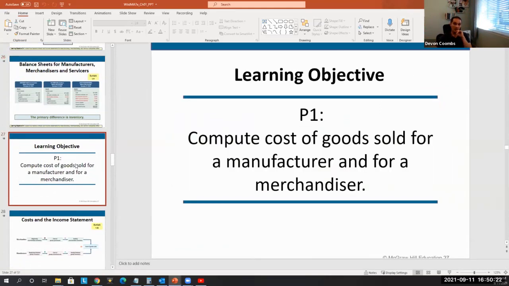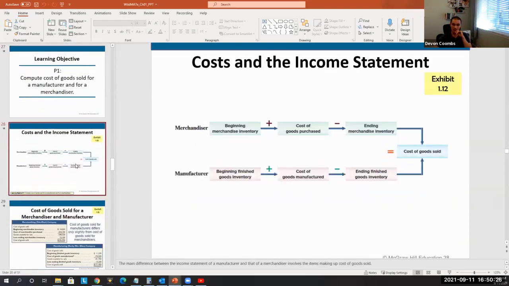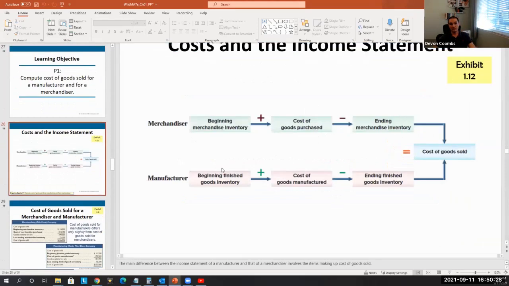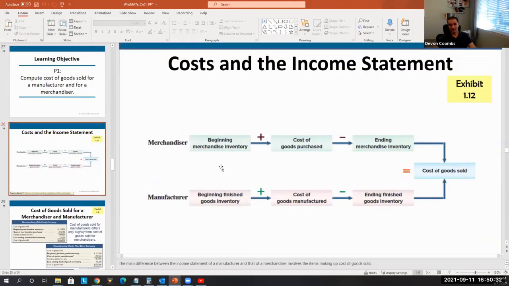And so how do we compute the cost of goods sold for a manufacturer and for a merchandiser? We learned merchandising before in the last class, but this will be a refresher. You have your beginning inventory plus whatever you purchased minus your ending inventory equals your cost of goods sold for a merchandiser, right? So whatever you started with, whatever you bought, less whatever you have left is your cost of goods sold.